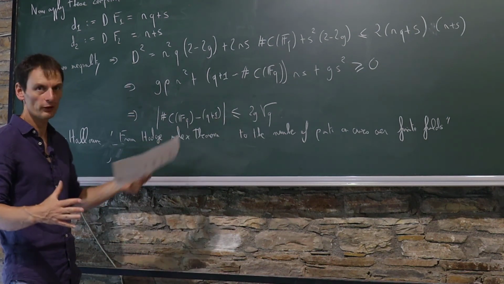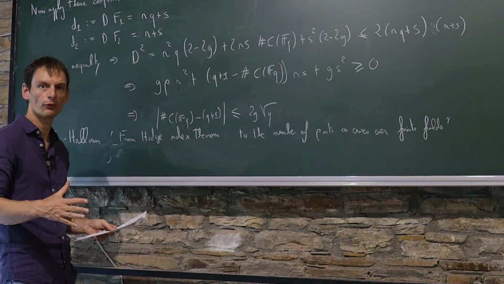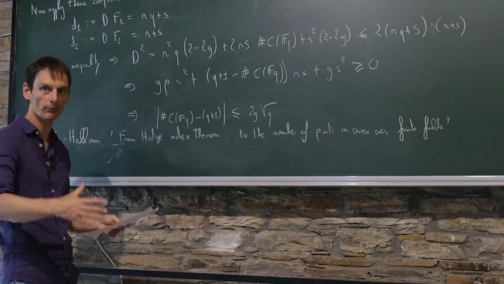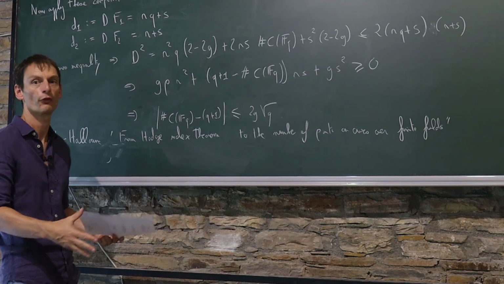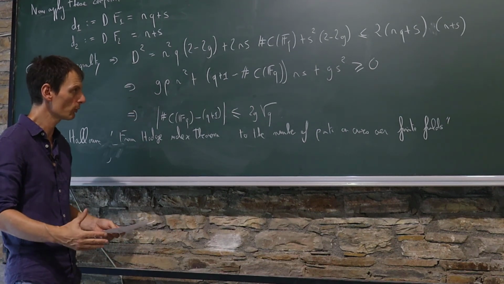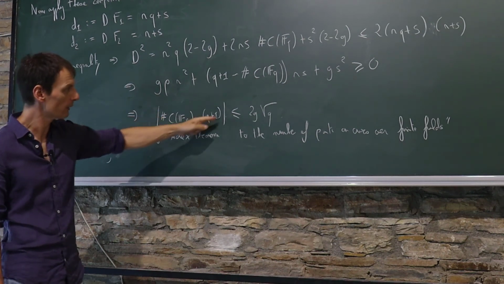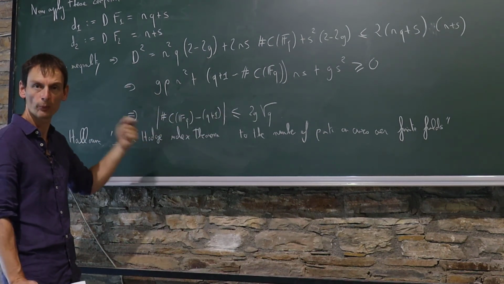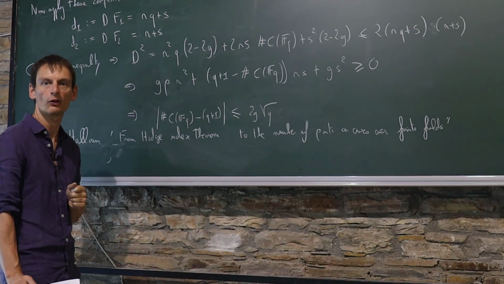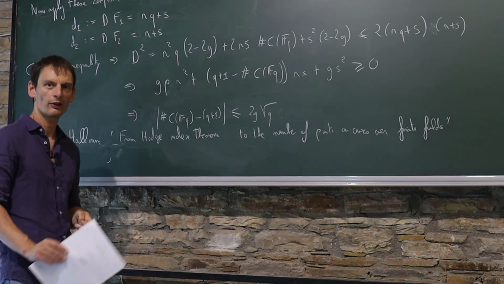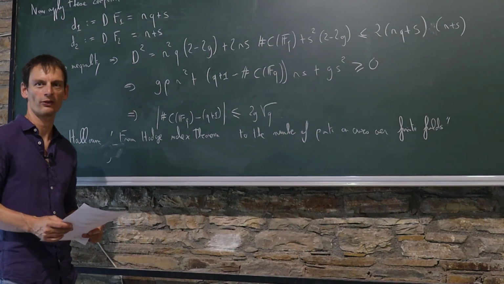And this result is just a consequence of the fact that you have a scalar product on this space, and that you have some Gram matrix and you're taking the determinant of some Gram matrix. So it's much more conceptual, and because it's much more conceptual, it helps you to get not only this inequality, but also plenty of other equalities that we are going to see in the next course. Thanks a lot for your attention, and see you for next class.